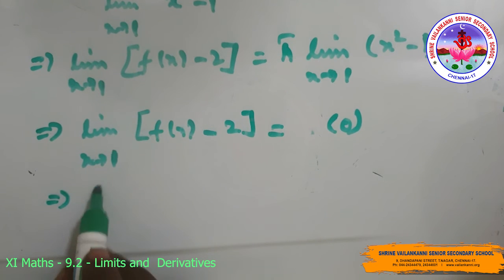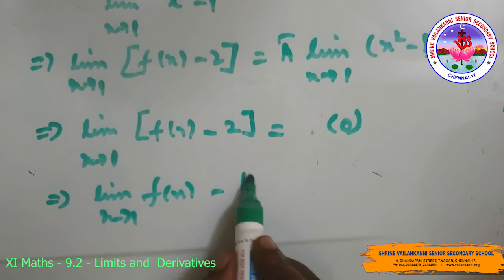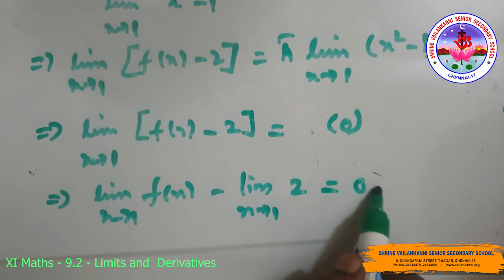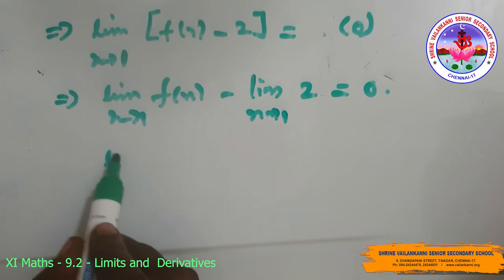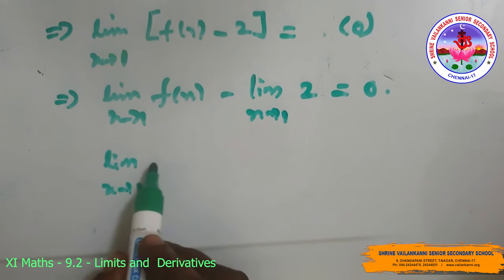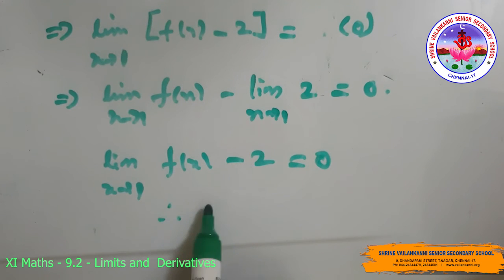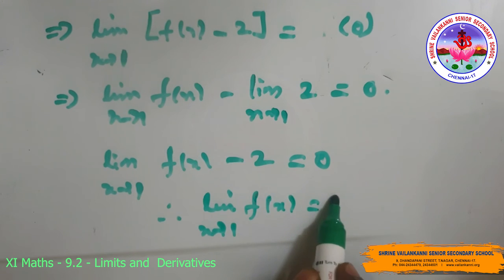We can write this as limit x tends to 1 f of x minus limit x tends to 1 of 2 which is equal to 0. Therefore limit x tends to 1 f of x equal to 2.